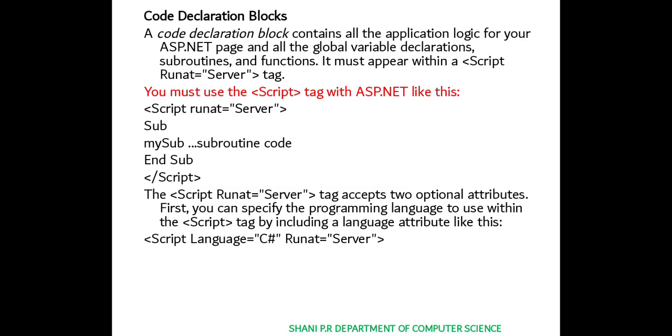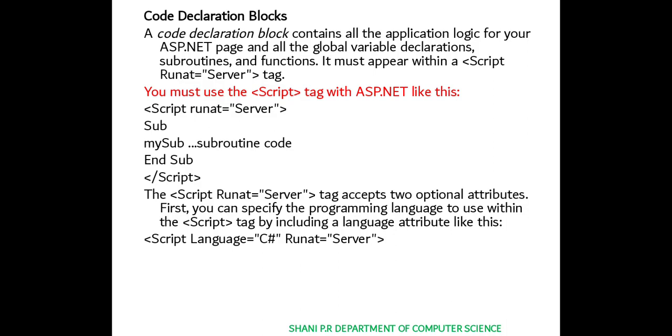We must use the script tag in ASP.NET like this: script runat equals server, then sub, my sub, where the subroutine code goes. Within the sub we will be writing the code, then end the sub and end the script tag. The script runat equals server tag accepts two optional attributes.